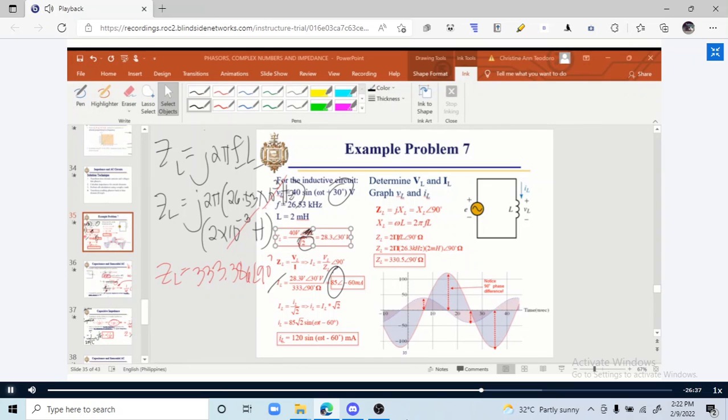When we say VL and IL in capital letter, what do we mean by that? They must be in what format?